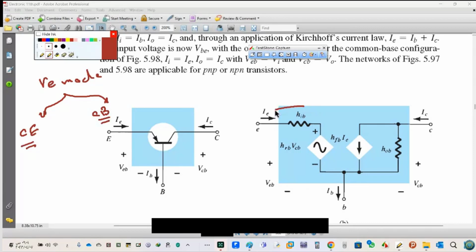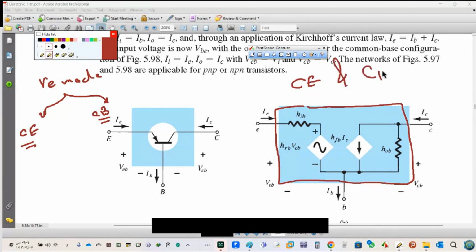Here we have one uniform model for common emitter and common base at the same time. So for that reason, we can say it is hybrid. We prefer hybrid. If you open any data sheet for a transistor, you can find this data sheet is written with the hybrid model, not the re model, because they are using the common model. Have you seen this before? We have a data sheet like this in our book.